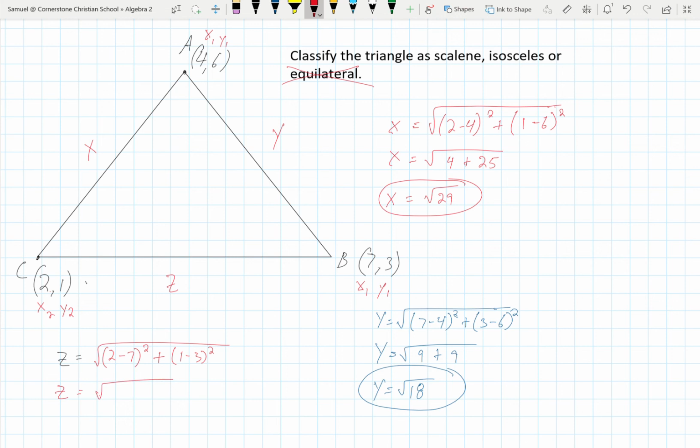Z equals the square root, so 2 minus 7 is -5, 5 squared is 25. 1 minus 3 is -2, 2 squared is 4. So here I get that z equals the square root of 29. That gives me that this triangle would classify as isosceles, as two of the sides are the same and the third is different.